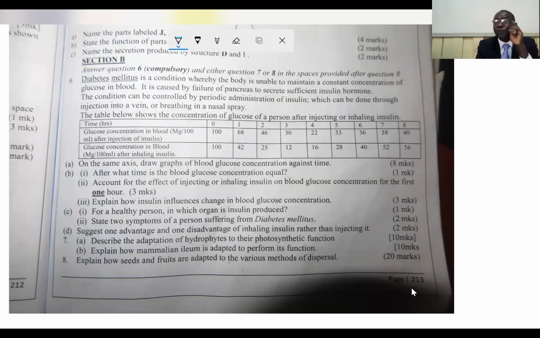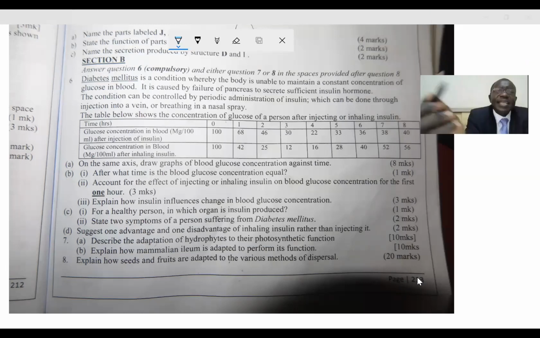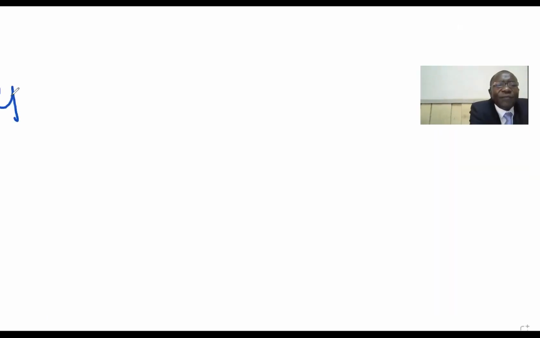A candidate should be able to differentiate between the dependent variable and the independent variable. In every graph work, we have a dependent variable and an independent variable.